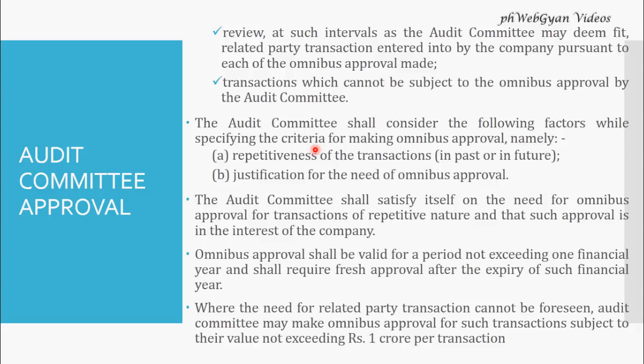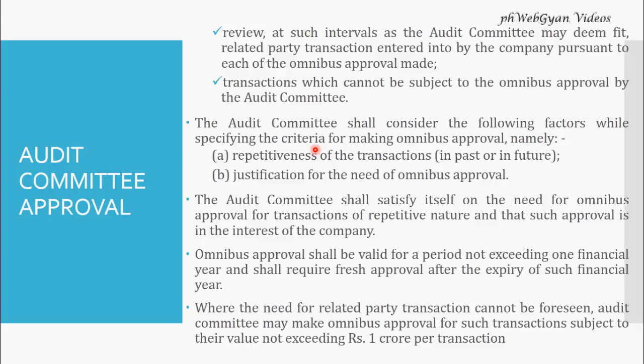So this is about the omnibus approval to be taken from the audit committee of the company. What all this omnibus approval, the audit committee's agenda would constitute, I have not discussed here. I'll be discussing it in the video related to the audit committee.